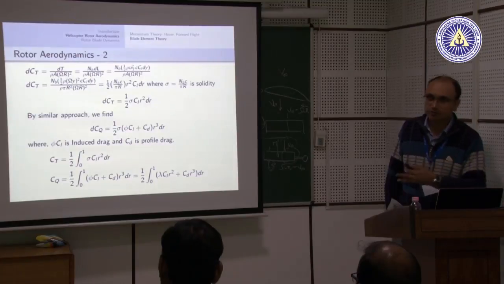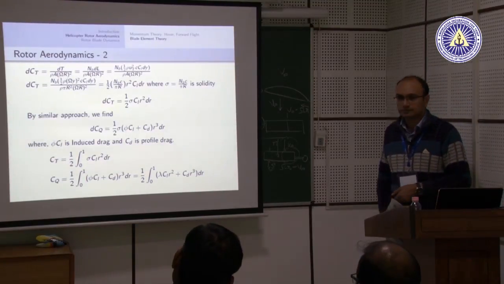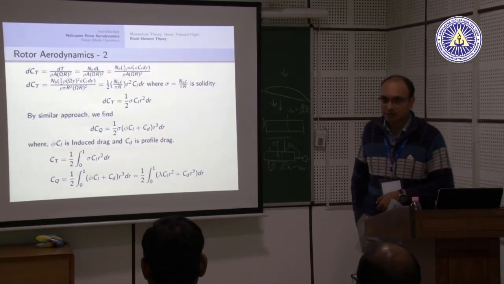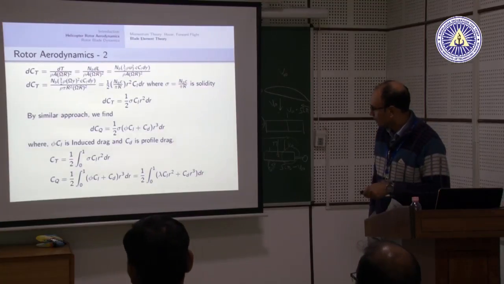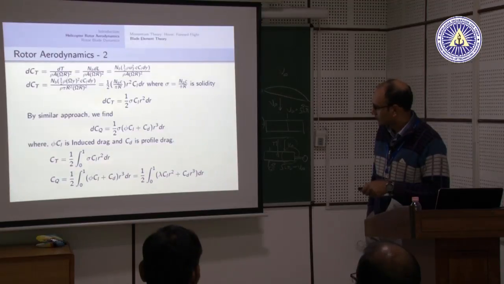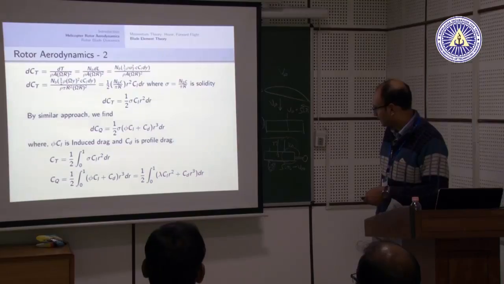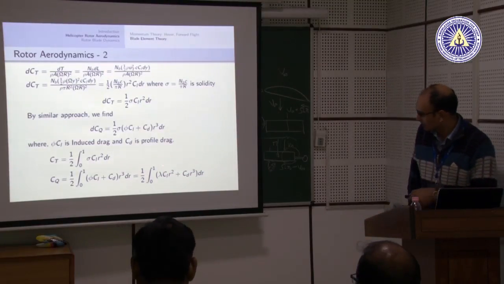So, I can integrate this and I can get my CT and I can get my CQ. So, this is my total torque and this is going to give me my total thrust. In this, if I know my airfoil, I will know my CL, I will know my sigma because I know the geometry of my helicopter, I will know the CD, r is just a parameter in the integration. What I do not know is just lambda.